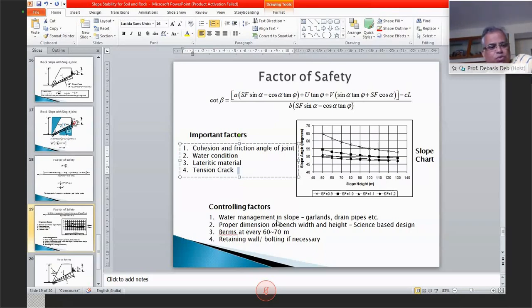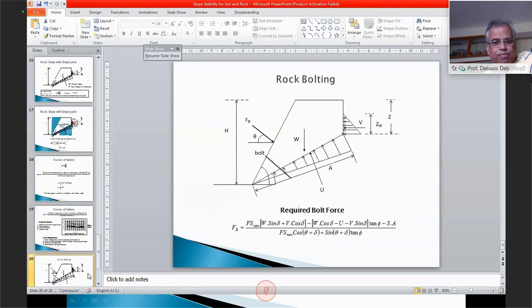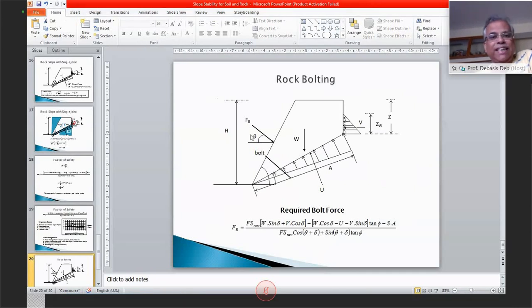Tomorrow I will just give you a glimpse of bolting. I have not completed it yet, but I can just show. The formula I will write properly, but let me just show you what the bolting does. When you add a bolt, this bolt is going to give a pressure, or a force, in this direction, which has two components.